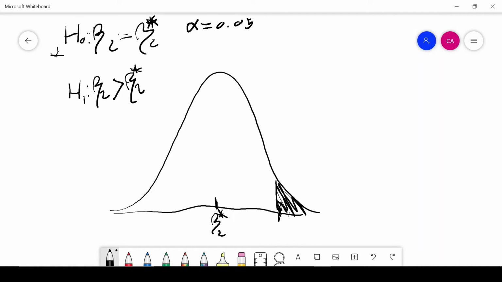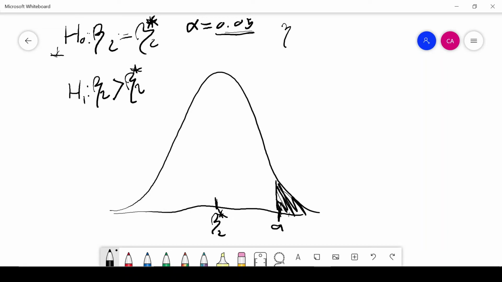And the actual value given by this sampling distribution will of course depend on the degrees of freedom as well as the significance level which we've chosen as 0.05, but let's not worry too much about that at this point. Let's just call this value A over here. If beta 2 star is true, there's a 5% chance that we are going to draw a sample of data, run a regression, and find a value for beta 2 hat that lies to the right of A in the sampling distribution here. The statistic, of course, that is.